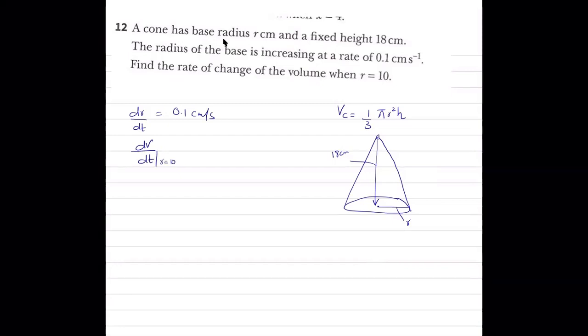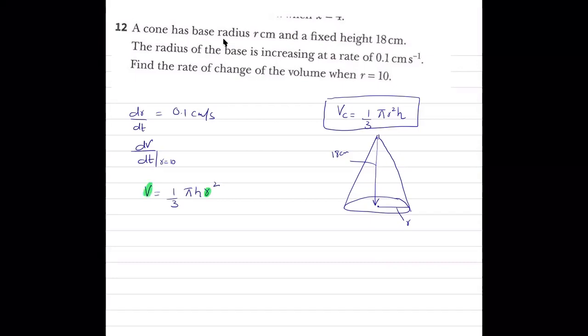So we have the formula that links the volume of the cone with r. Volume is given by 1 over 3 pi r squared h. I'm interested in differentiating volume with respect to r.